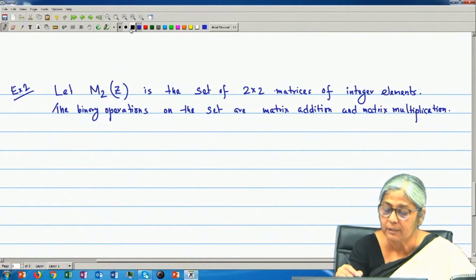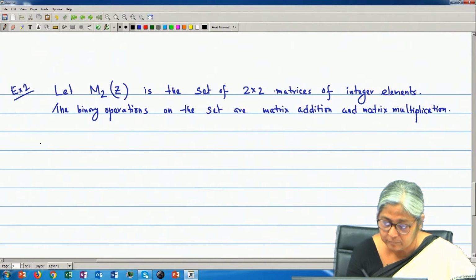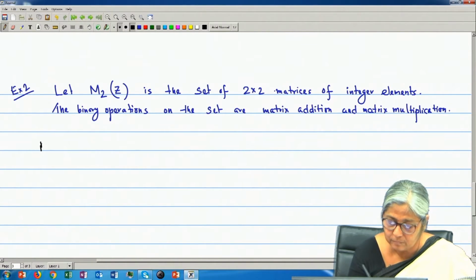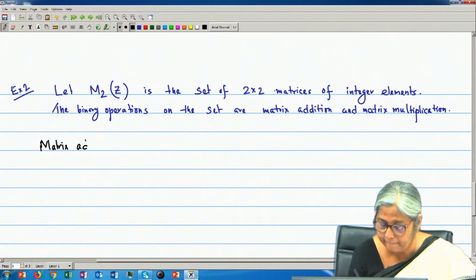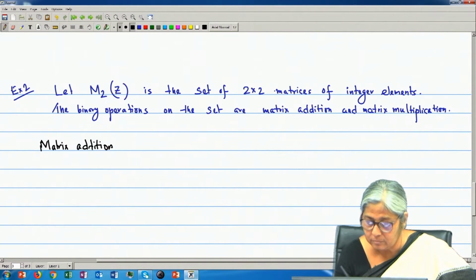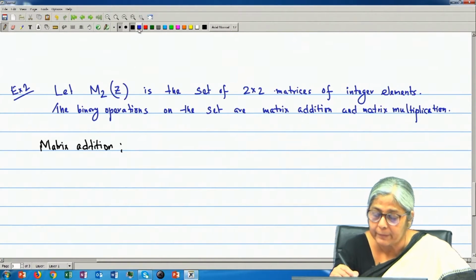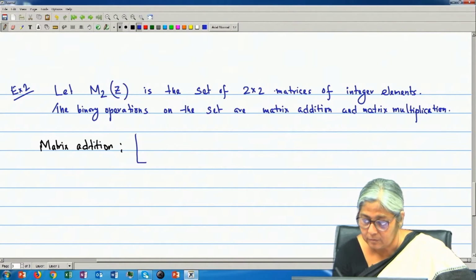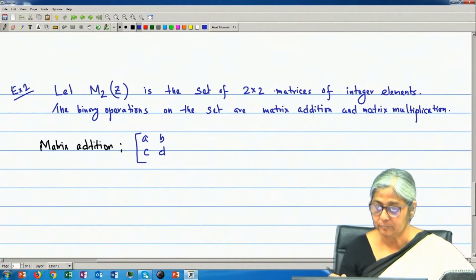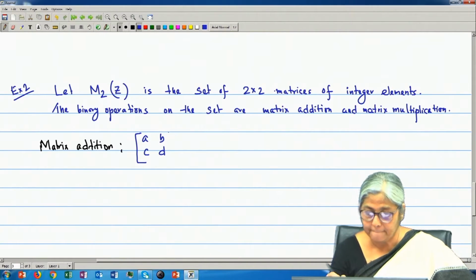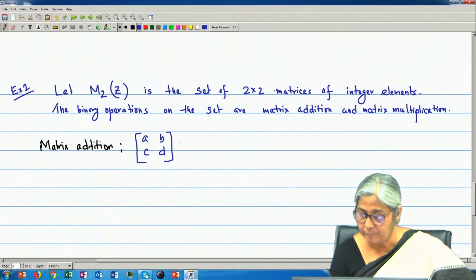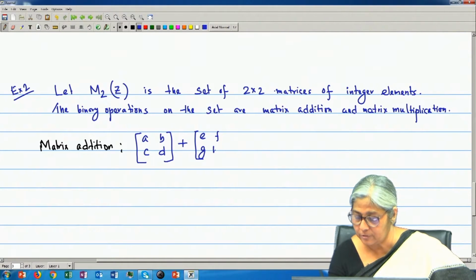So, quickly we see what matrix addition is. Take two by two matrices [A B; C D] plus [E F; G H].